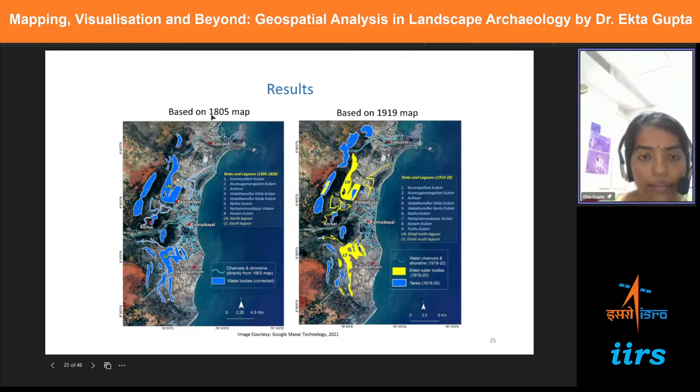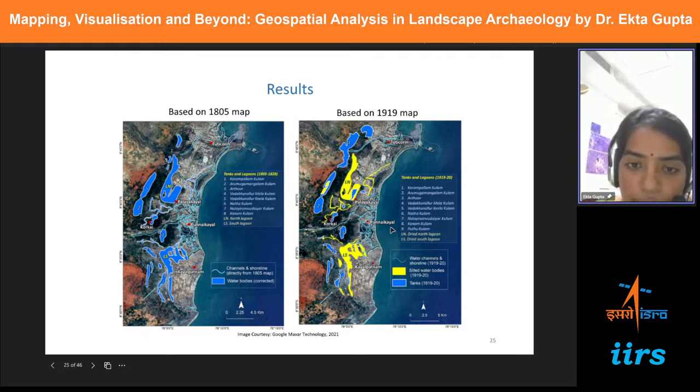In the 1805 map, there was already a very narrow inlet from the sea to the lagoons, so these were already choked lagoons. Because of less supply of seawater and interaction with the sea, they started silting, and also because of the input of sediments from the Tamirabarani River to this area, it got silted. So this helped us in understanding.